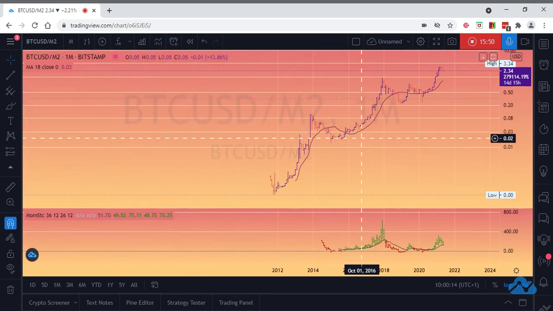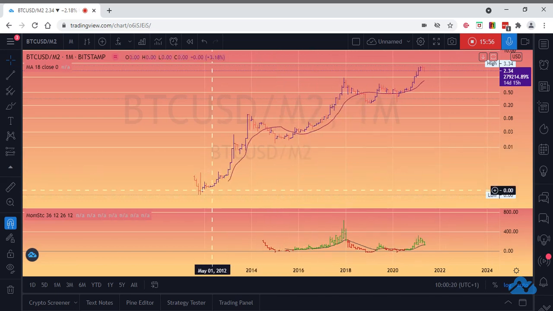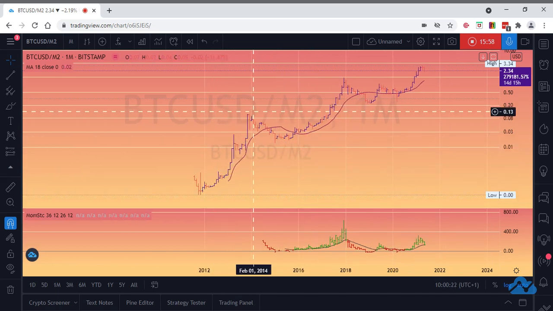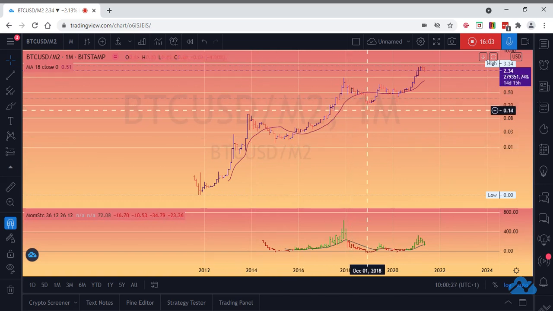Well, back here it was 0. It's still eating away, right? Wave 1, wave 2, wave 3, wave 4, wave 5.